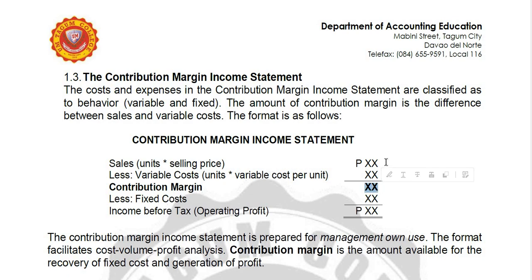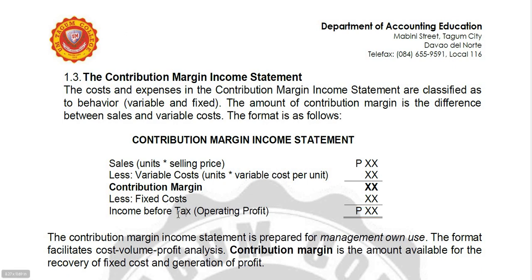So, that's the difference between the sales and the variable cost. So, itong amount na to, ito yung magka-cover up sa fixed cost mo. So, pag may sobra pa from the contribution margin after deducting the fixed cost, dyan tayo magre-report ng income. So, before tax or yung tinatawag natin na operating profit.